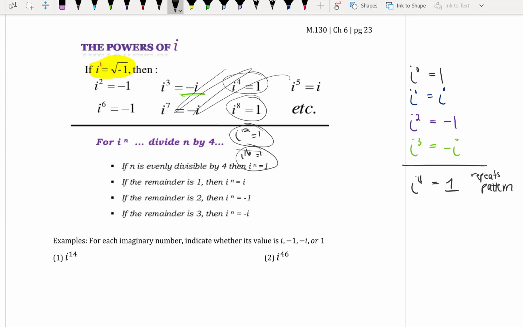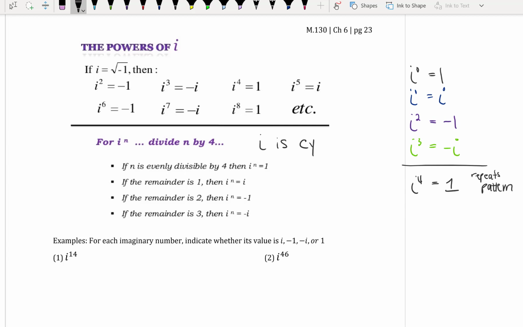So what we can say about our i's is that it's cyclic. You might be thinking, what did she just say? Powers of i is cyclic, meaning it repeats every fourth. So that's pretty cool that i repeats on every fourth.